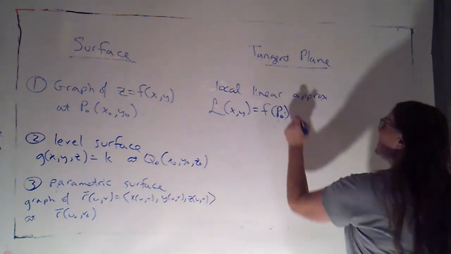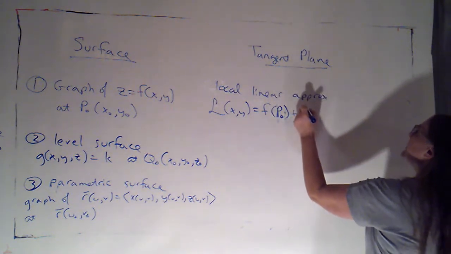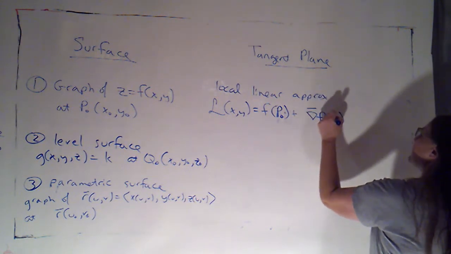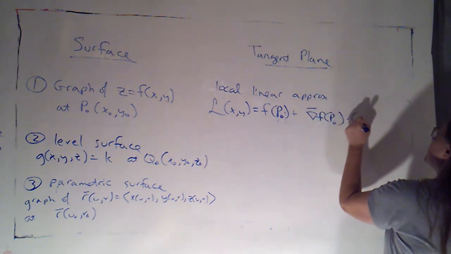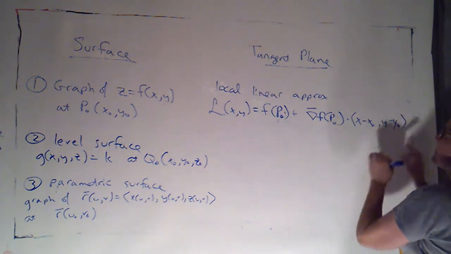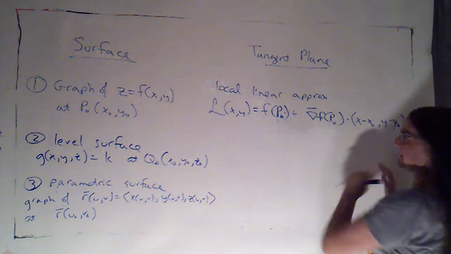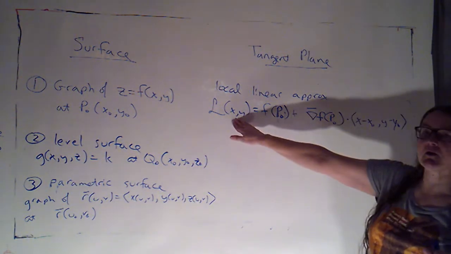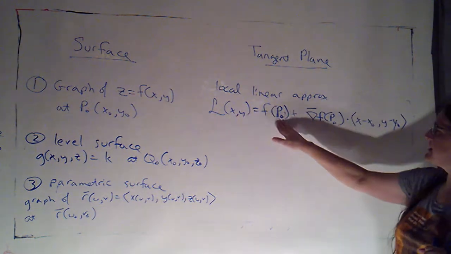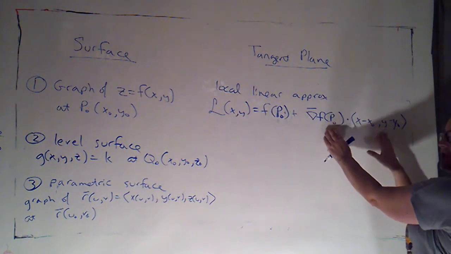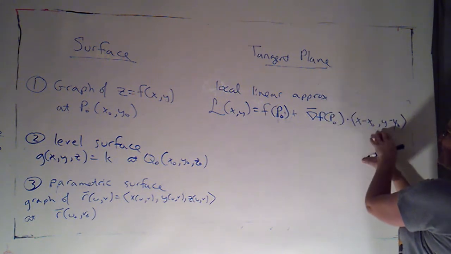F at p naught plus the gradient of f at p naught dotted with x minus x naught, y minus y naught. And of course, if you're actually turning this in, work out the dot product. But basically, we're saying the z value on the tangent plane is the z value at the point of tangency plus some change.